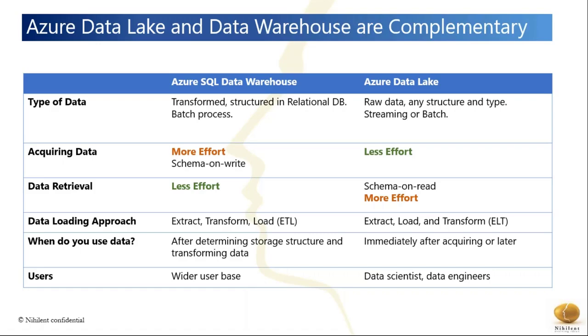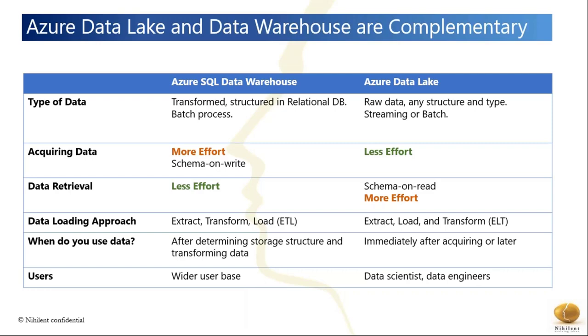And therefore, acquiring data for a data warehouse front needs a lot of effort. You know that, because you must have done all this earlier, in the sense that you have to design the schema, do transformation, and put the data there. In a data lake, obviously, the effort to acquire data is very little. And exactly the opposite happens when you try to retrieve data from a data warehouse, because your data is already in a ready state: transformed, cleaned, trusted data.